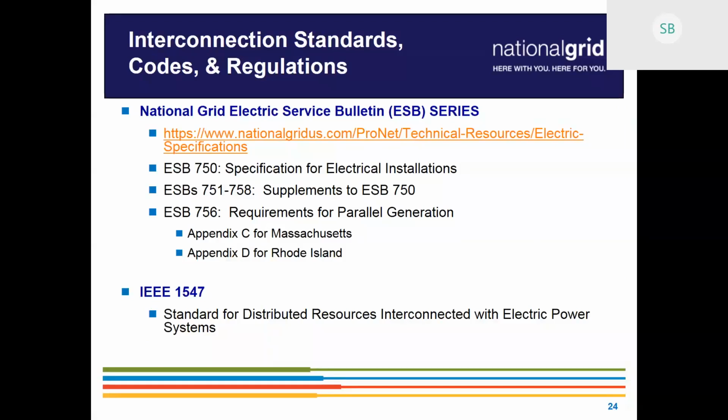If you're going to read one document, though, definitely read 756, Appendix C. Everywhere that it's applicable, it will refer back to the other ESB series, so you get a good network of which one to go to, because this is like 1,000 pages worth of reading. No one's going to get through all of it, but 756C will at least get you on the right track of what to design and what to include in your system.